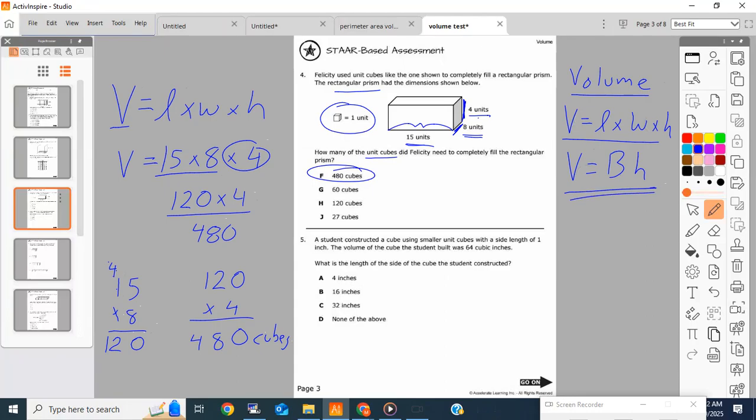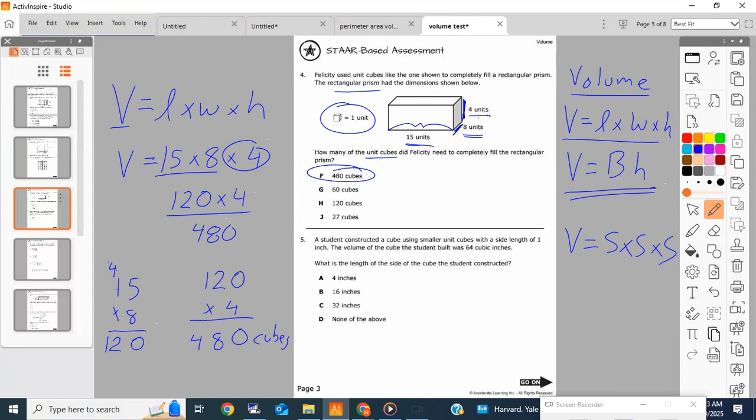So let's find the formula for volume of a cube. When you look at your formula chart, you're going to see that under volume, there's going to be listed cube, and you're going to see volume equals side times side times side. And so let's substitute in what we know.